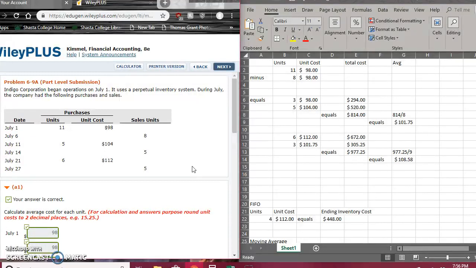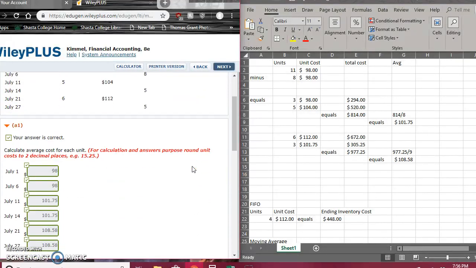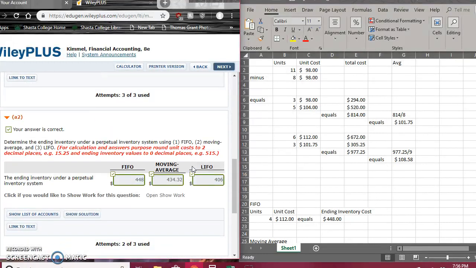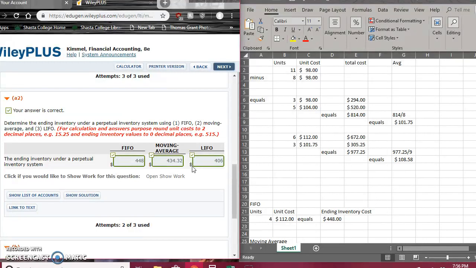So we start with the most recent purchase of 6 units, because we're going to start with FIFO. Under FIFO, we take the unit cost of the most recent purchase and work backwards until all units of inventory have been costed.